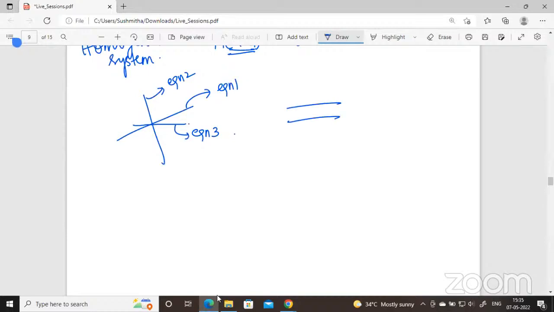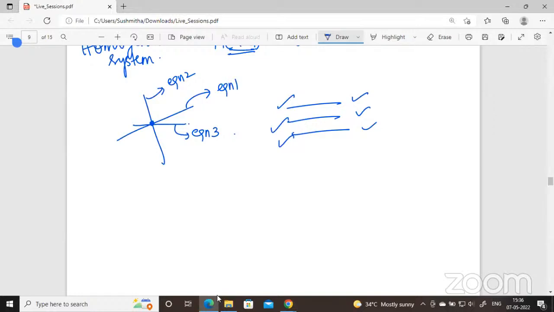So I have 3 equations, and if there is an intersecting point, it means that that point satisfies all the 3 equations, right? Yes, ma'am. And that is when it is a solution. The unknown vector, x1, x2, x3 or whatever, should satisfy all the equations. Then you say that there is a solution. And that will happen geometrically when there is a common point of intersection for all the lines.